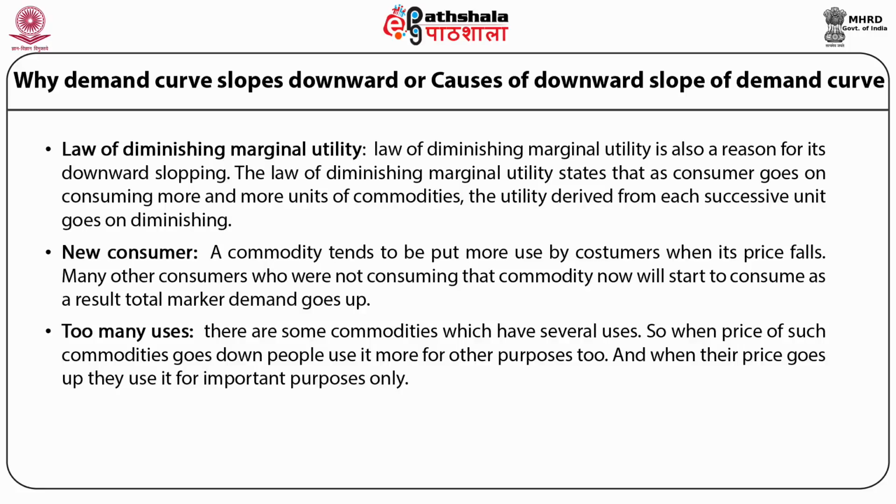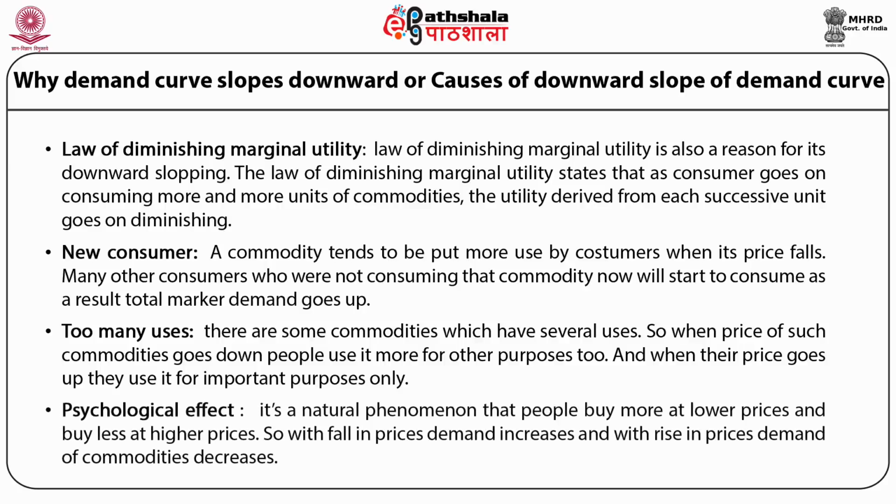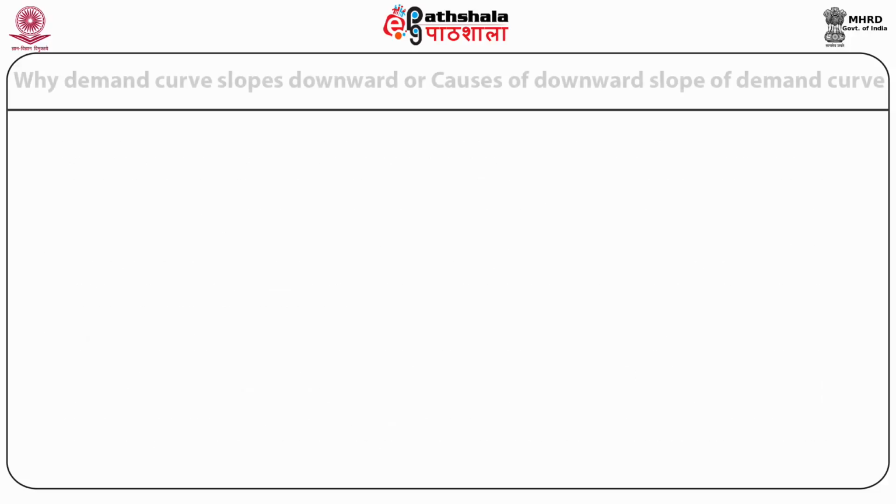So when the price of such commodities goes down, people use them more for other purposes too. And when their price goes up, they use them for important purposes only. Psychological effect. It's a natural phenomenon that people buy more at lower prices and buy less at higher prices. So, with a fall in prices, demand increases, and with a rise in prices, demand for commodities decreases.